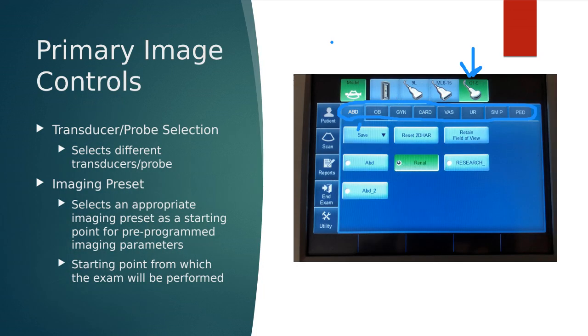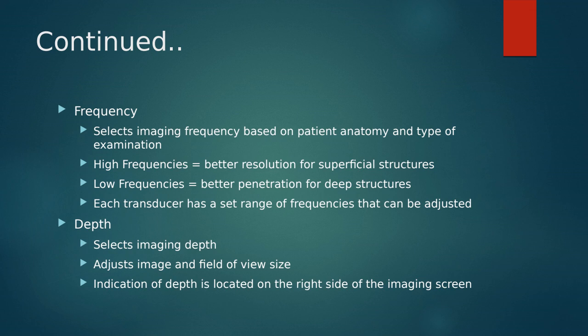See how the transducer that we have selected says C1-5? C stands for curved. The transducer face is curved, but the 1 through 5 stands for the frequency. So this is saying I am going to be able to produce a frequency range of 1 to 5 megahertz, which is a lower frequency.